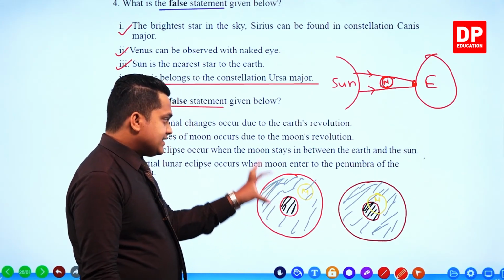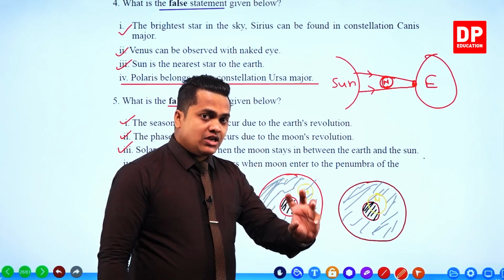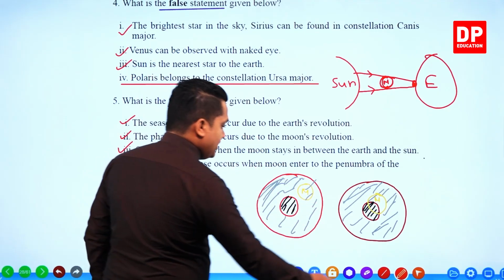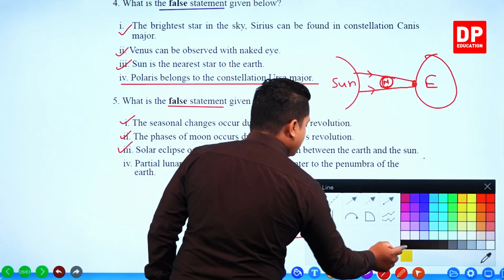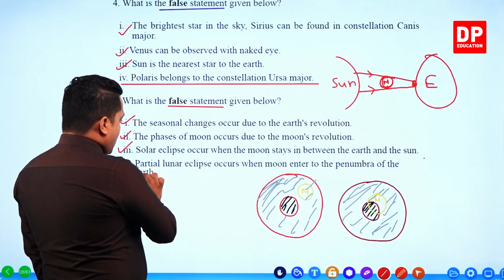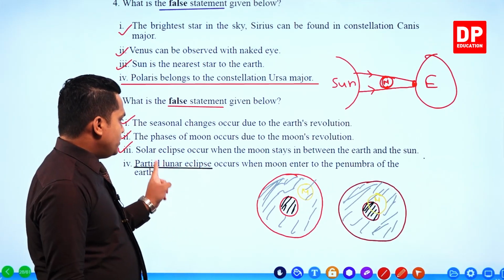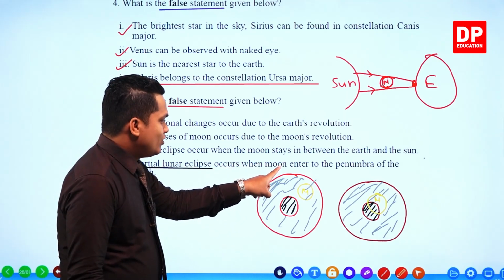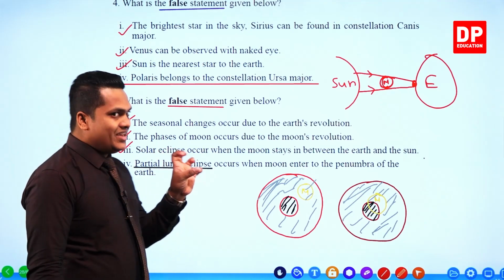This is referred to as the penumbral lunar eclipse. So here they are mentioning the partial lunar eclipse, my dear children. Partial lunar eclipse occurs when the moon enters the penumbra of the Earth. Incorrect.